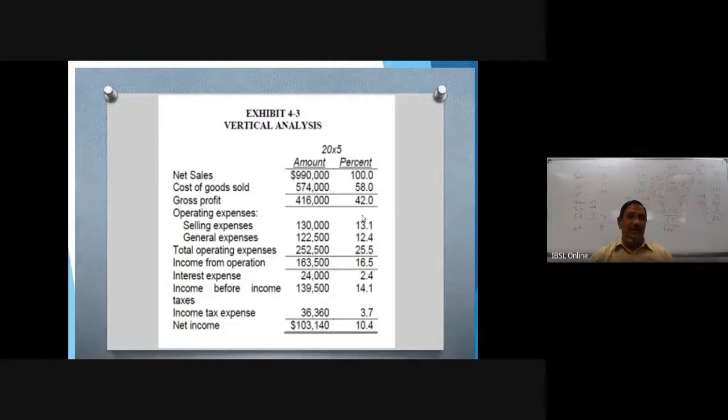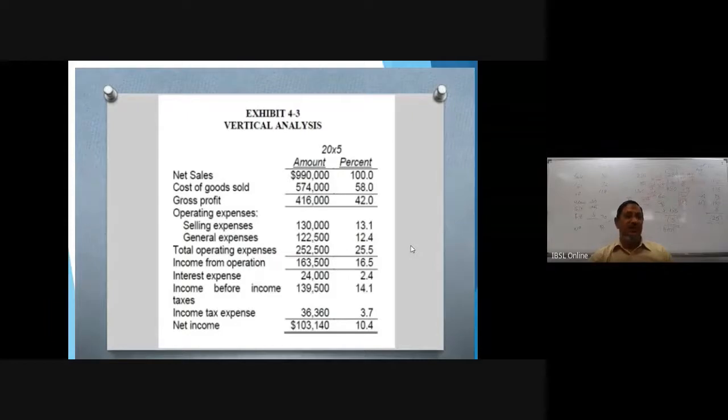Now, if it's 58%, for example 1 million we have given, that is 58%. Then what is 100%? You can get how much the sales is increasing after investing in the cost of goods sold. Similarly, what is the gross profit? So it can be worked out either from top to bottom or bottom upward. That's called the validity of this vertical analysis.